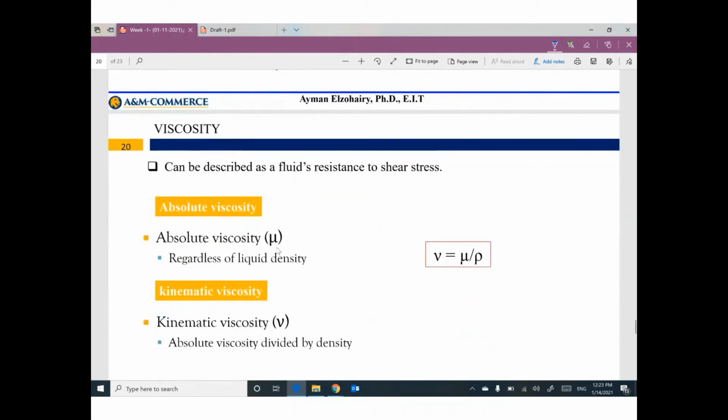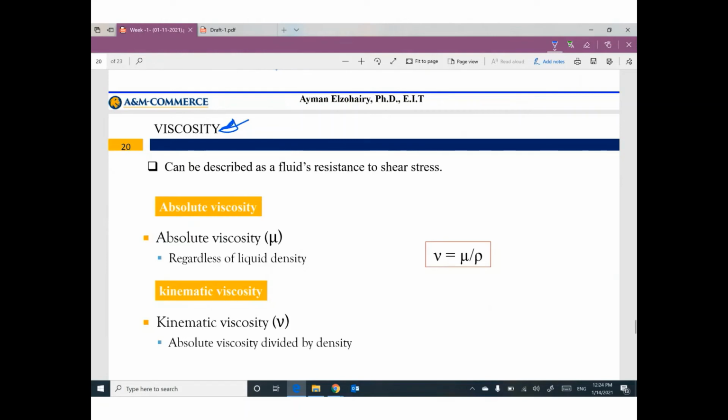The last concept in this chapter is called viscosity. Viscosity can be described as a fluid's resistance to shear force. If you would like to feel viscosity, try to put your hands in water and make friction with your hands together.